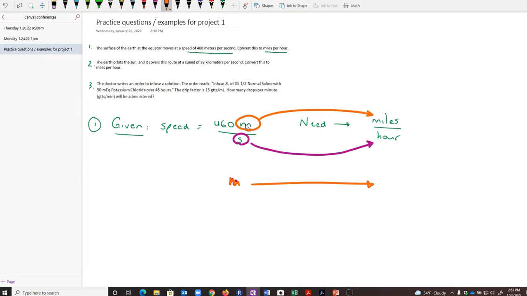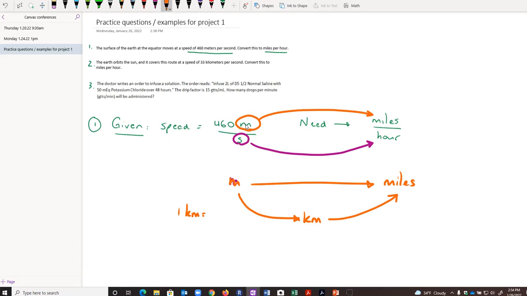Meters to miles, that's the numerator here. Now, you may not know how many meters there are in a mile, but we can go through a conduit. We can go through meters to kilometers, and then we can look up in our textbook what the relationship is between kilometers and miles.